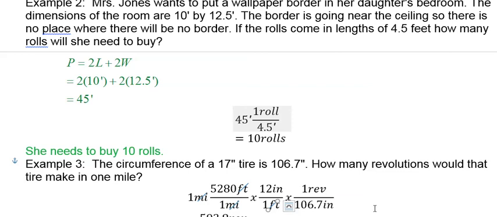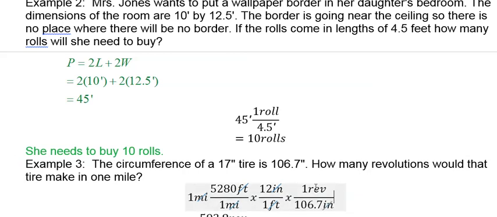And then lastly, and this is the part that is a little bit tricky, the circumference is the distance it travels in one revolution. So we have another equivalency in that one revolution equals that circumference. So we can cancel our inches with our inches. So we'll take the inches here and cancel them.